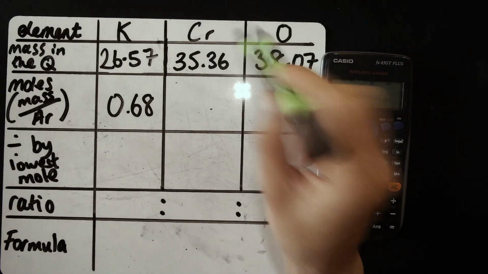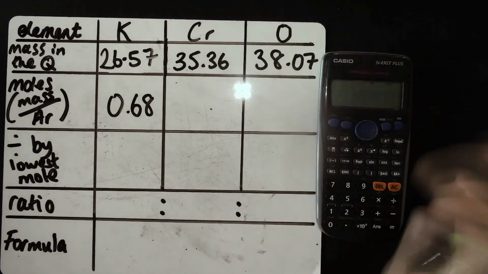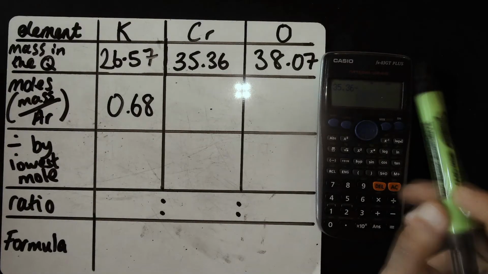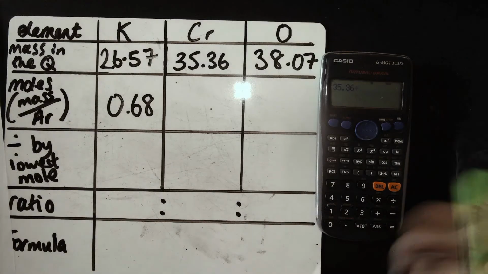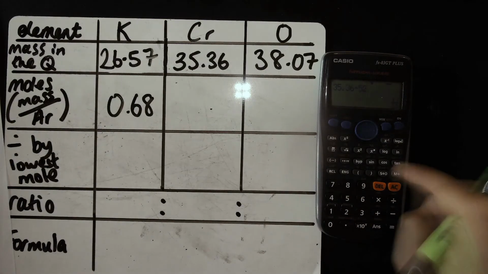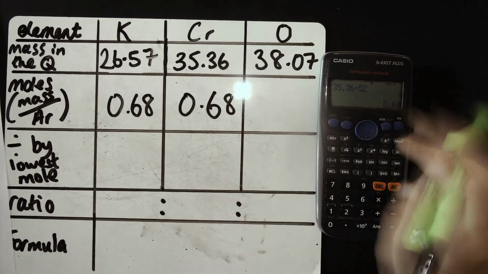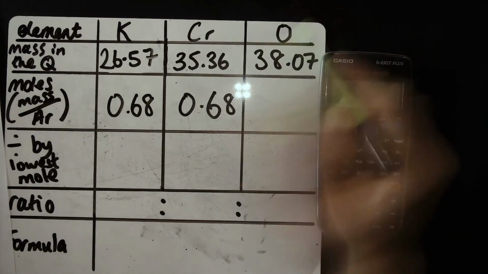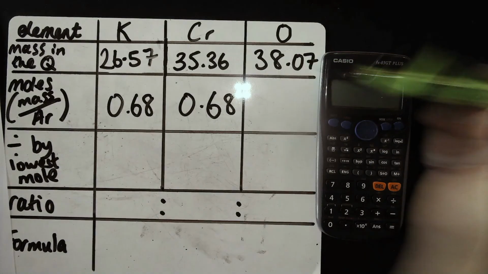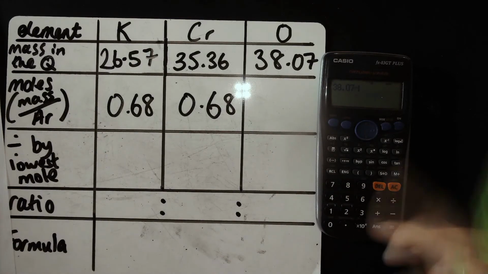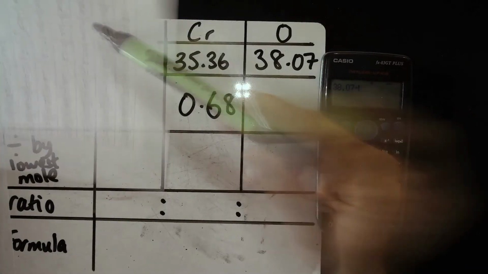Chromium, the mass that's given in the question is 35.36. And I'm going to divide this mass by the relative atomic mass of chromium, which is 52. And that also gives me 0.68. Oxygen, the mass in the question was given as 38.07. I'm going to divide it by the relative atomic mass, which is 16.